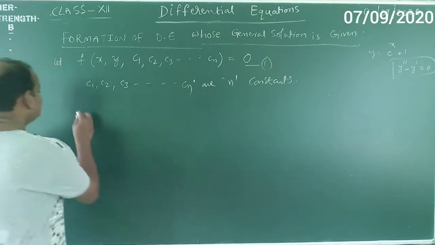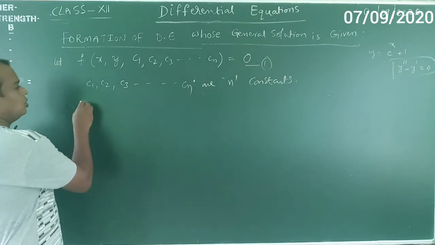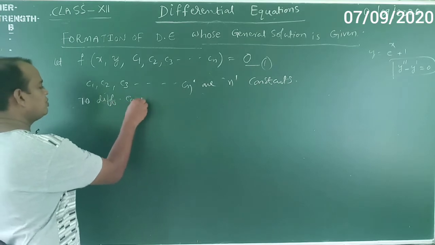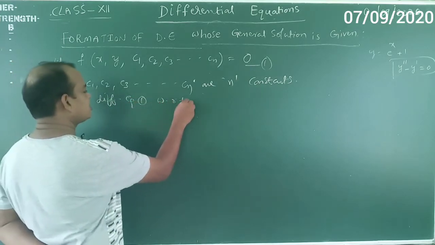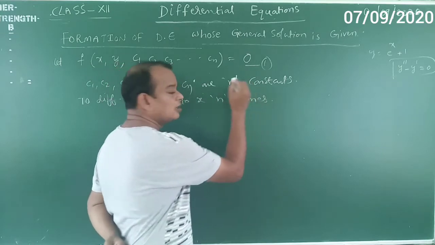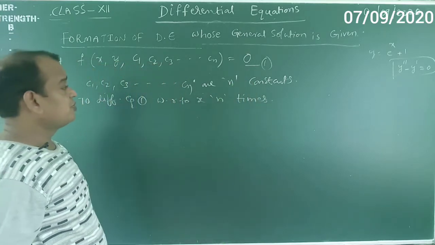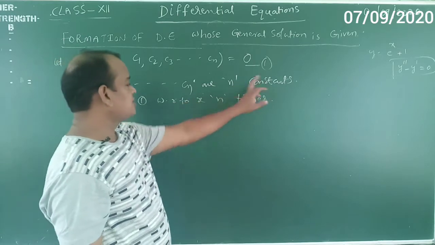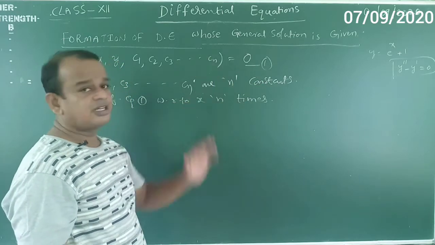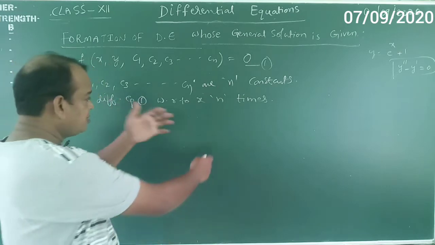Now differentiate equation 1 with respect to x n times. Why n times? Because n arbitrary constants are there, we will take n times. Two arbitrary constants means we differentiate two times. How many equations will we get here?